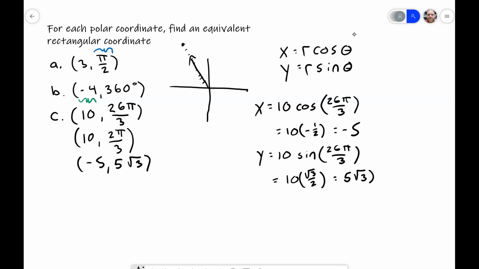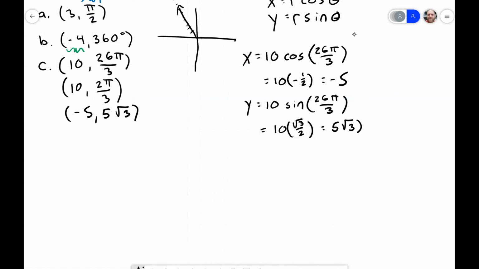All right, let's take a look at the other ones. So for 3, pi over 2, pretty easy here. So we're just going to do x is equal to 3 times the cosine of pi over 2. And that's going to be equal to, so pi over 2 is straight up. And the cosine of that would be the x value there.